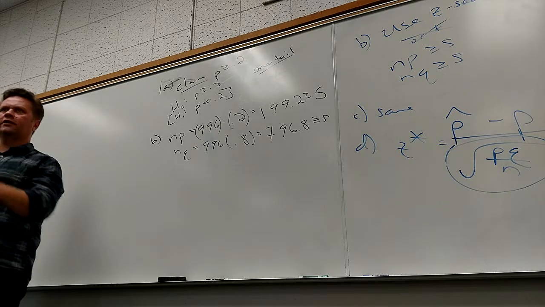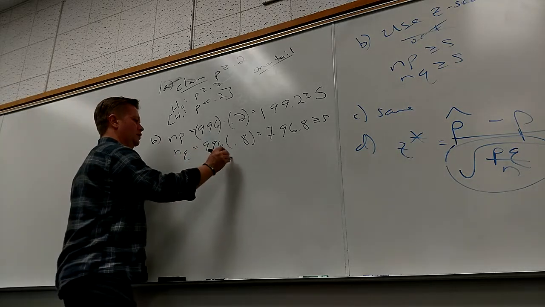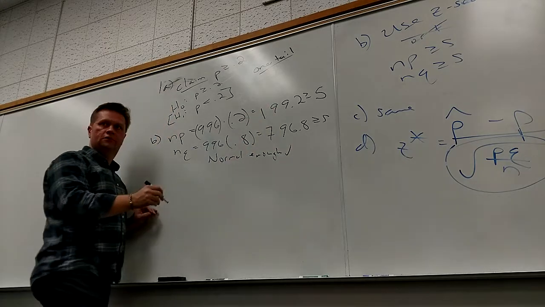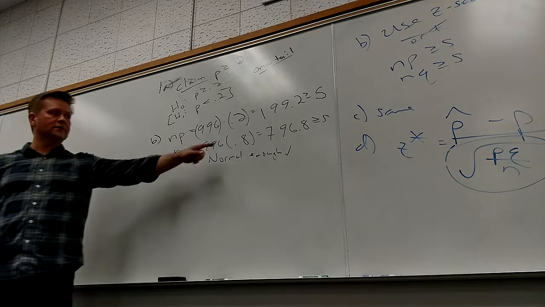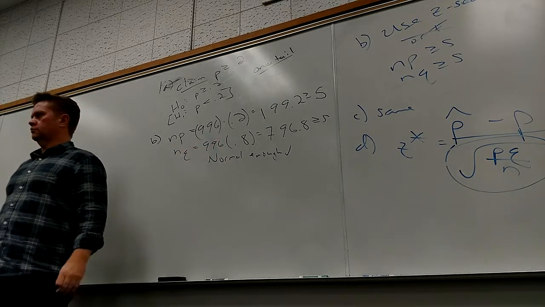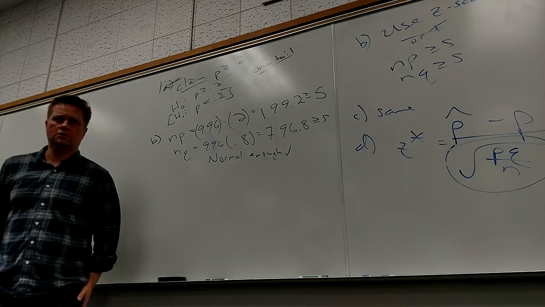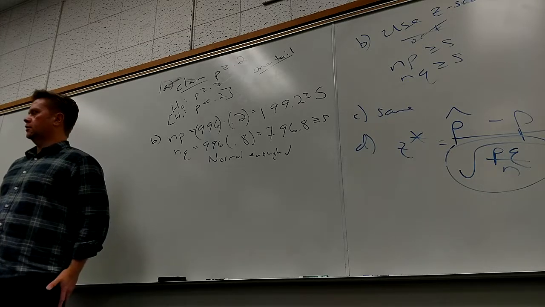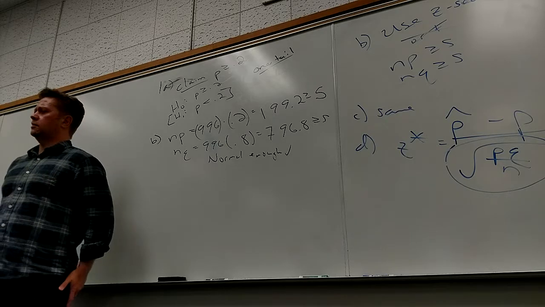If it was normal enough. Normal enough, check. So I'm allowed to use z-scores. If it wasn't normal enough, you can't do this. This should feel very familiar. It's not very different from the ones we did yesterday.